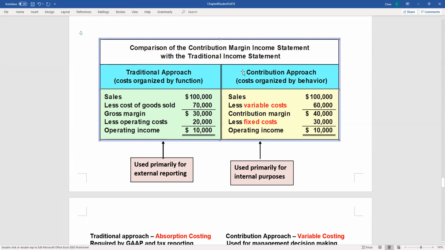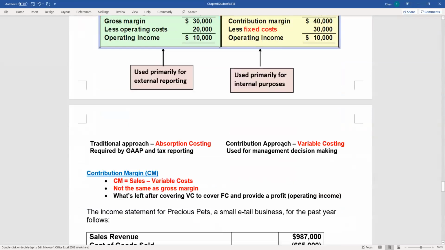So in this managerial accounting class, you'll see more of this contribution approach income statement with sales less variable costs, and then less fixed costs. And we're going to do a lot more analysis on this in chapter 7, where we'll figure out our break-even point and things like that.